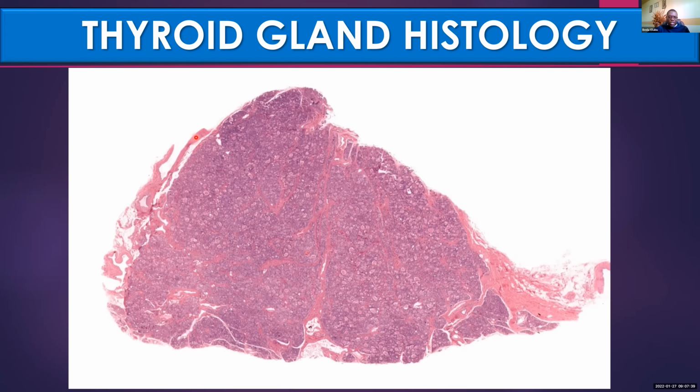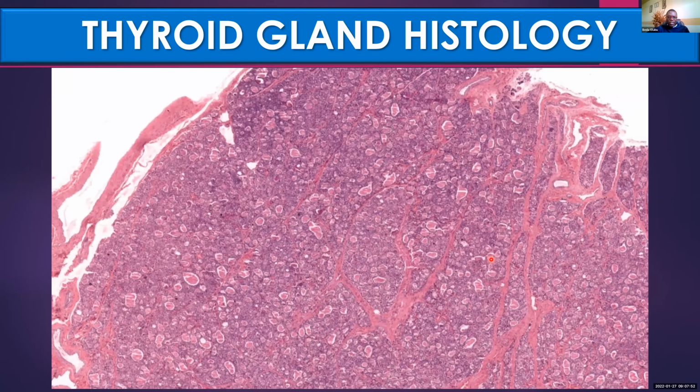We see that the organ we are looking at is surrounded by a connective tissue capsule. So the thyroid gland is encapsulated. If I give you a high magnification of that, what do we notice? Yes, there's that capsule, which is a connective tissue capsule.